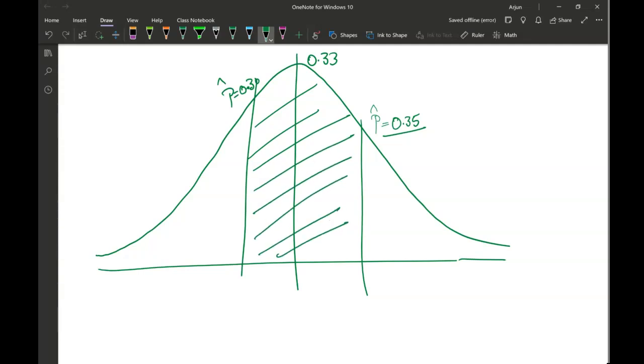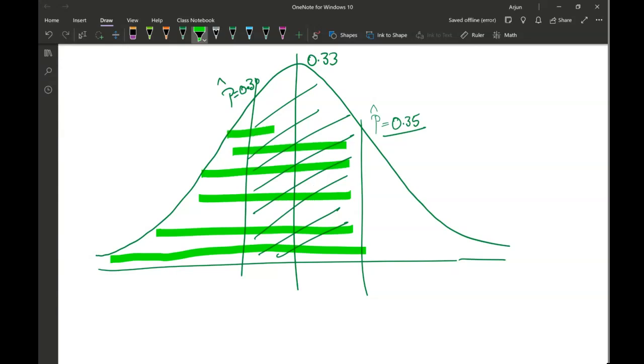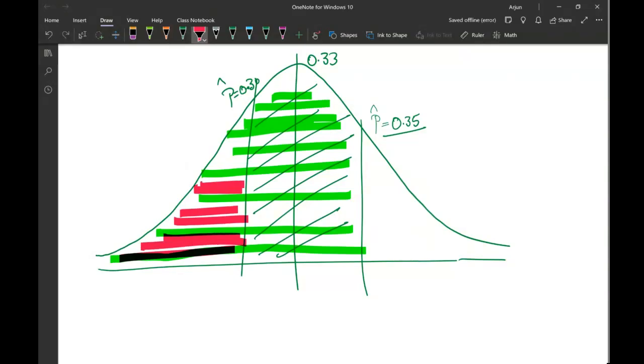So what I'm going to do is first find the probability corresponding to this whole section, and then I will subtract the probability of this red section. That's going to give me the remaining section, which I will color with blue. So this section, then, I will be able to find out.